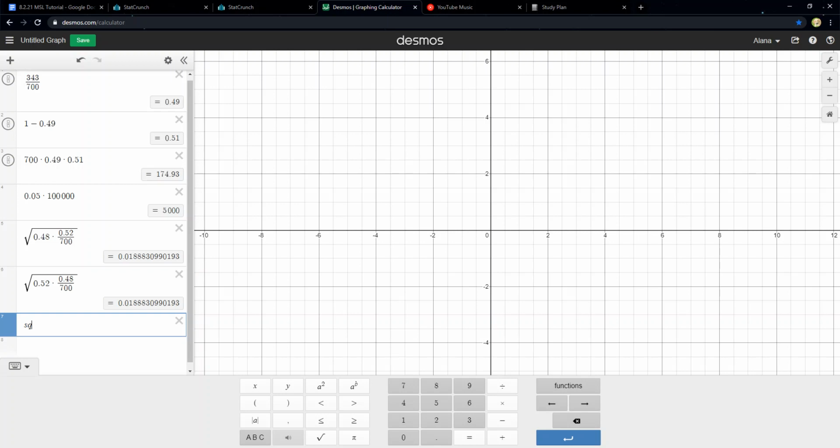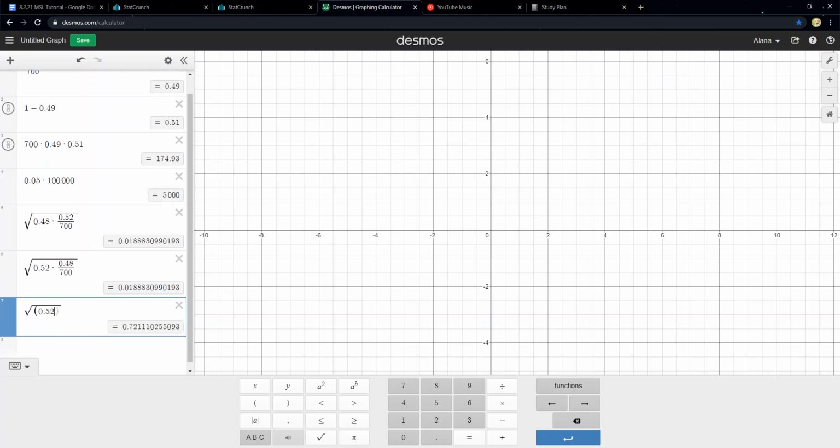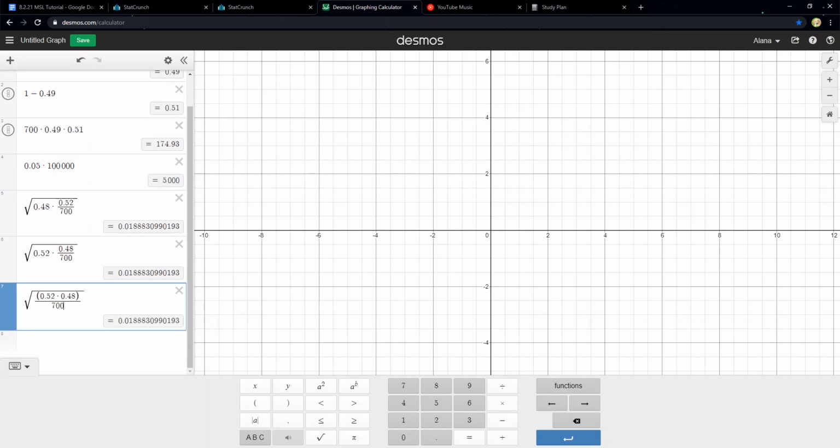Or you can do parentheses 0.52 times 0.48, close parentheses, divided by 700. It's the same thing every time. It all works, and it only works that way because it's all multiplication and division. If there was adding in there, that would be a different story. But because it's all multiplication and division, it doesn't really matter which way you go. All right, so it's 0.01888.